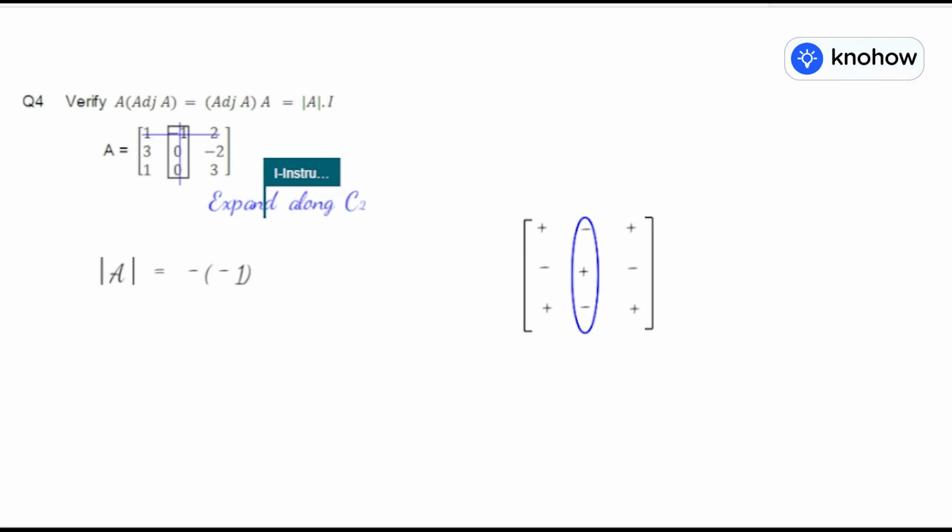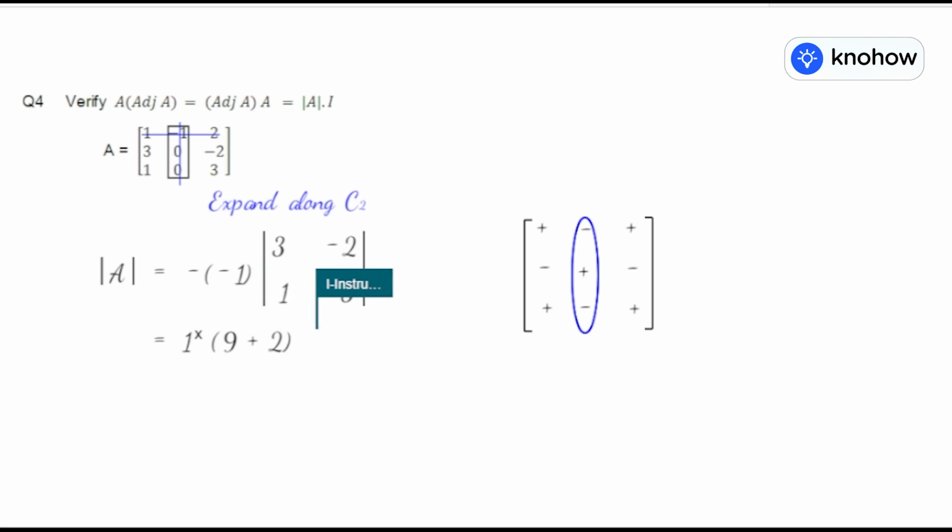You get 3 minus, delete the row and column through minus 1, you get 3 into 3. Okay, let me write here. You get 3 minus 2, 1, 3. So you get minus minus plus 1 times 1 outside, and you get 9 minus minus plus 2, so you get 11. So what is the value of determinant A finally? The value of determinant A is 11.